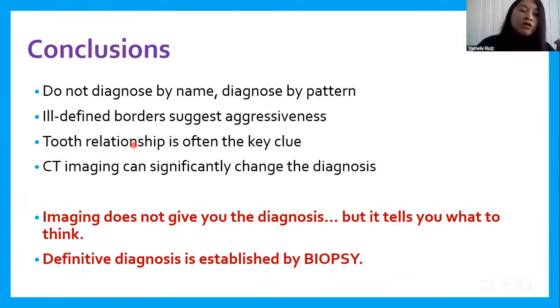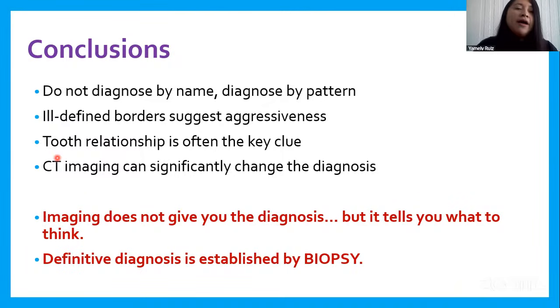If we have ill-defined borders, maybe it suggests aggressiveness. And if we have a tooth relationship, it is often the key clue for thinking of a specific diagnosis. And remember, with some images like radiographs or only the 3D reconstruction, we have poor information about the lesion.